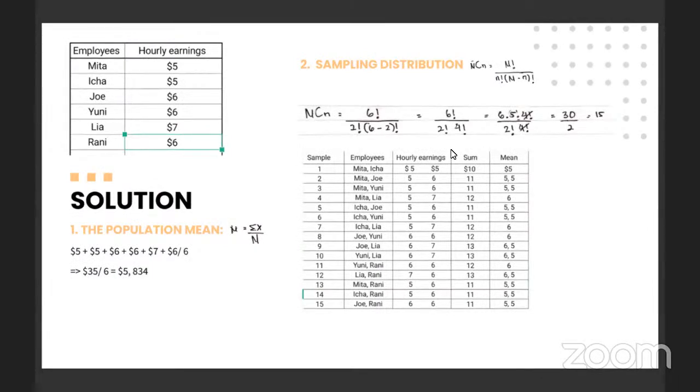Okay, the first one is the population mean. To find the population mean, we use this formula: mu equals sigma x divided by n.